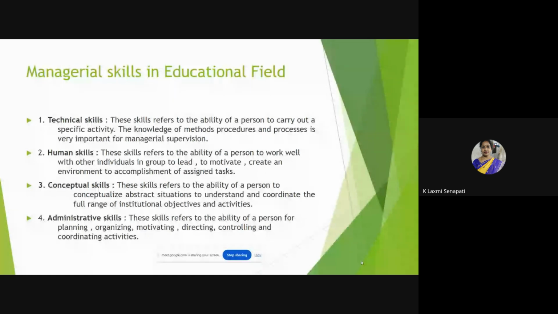We can say Hitler was also a leader. Where? Which place was he the leader? In Germany. But he was very cruel, and no one was developing love for him.